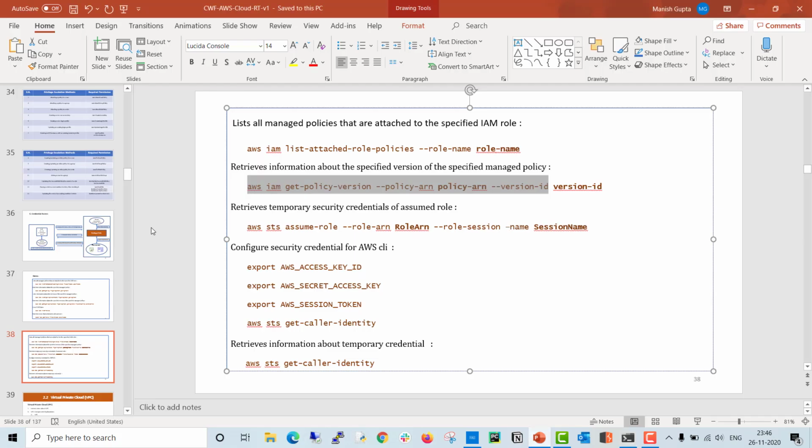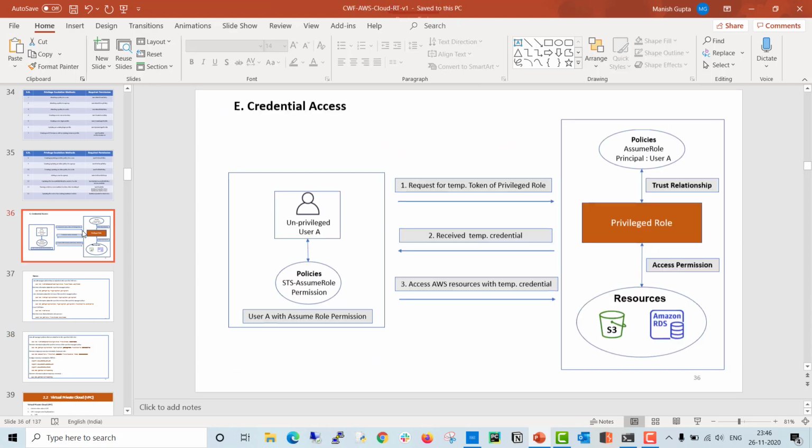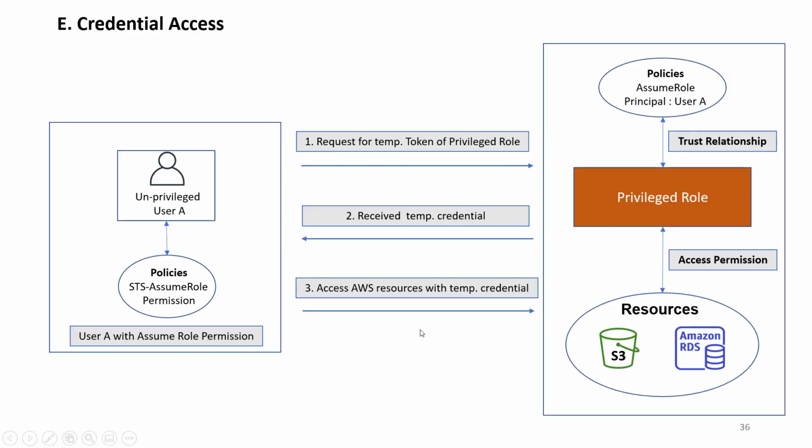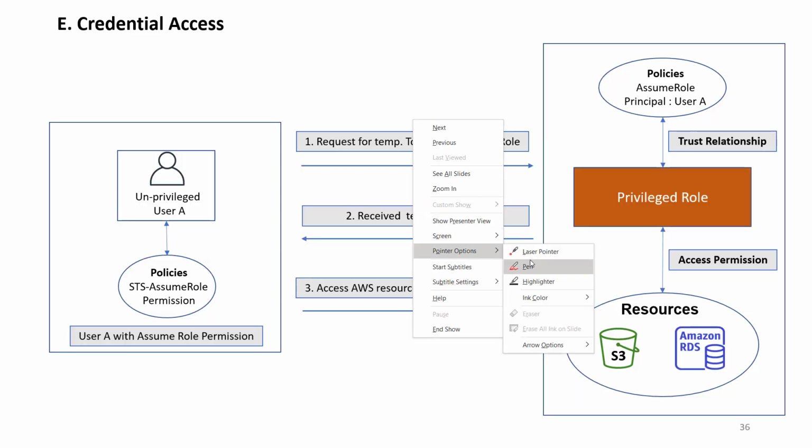So we can see here we have the information that this user can assume this role because the user has this policy and the role has this policy. Now how does this credential access work? Once both criteria are met, this user requests a temporary token for this privileged role. You can see here, I'm just pointing.